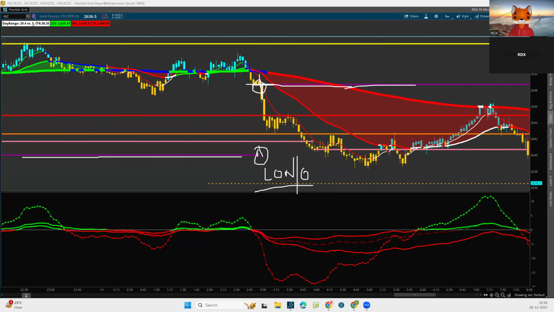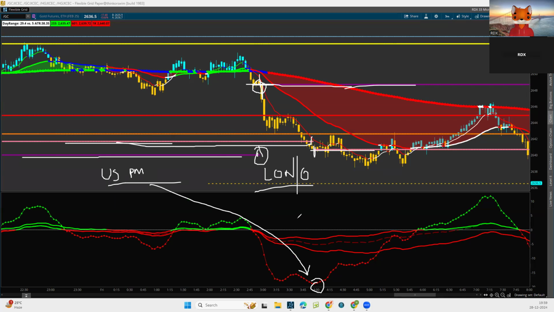Similarly, we then have this pink line, which is the US pre-market open. US pre-market opens every day at 4 a.m. Eastern, which is where this line came from, ended at 4 a.m. on this day, and then a new line started here at 4 a.m. So right there, US pre-market.